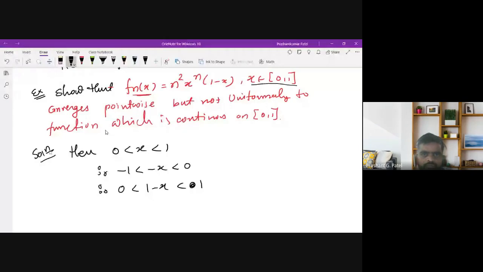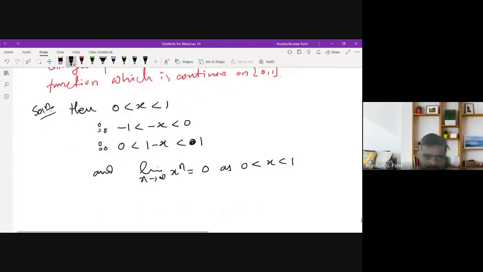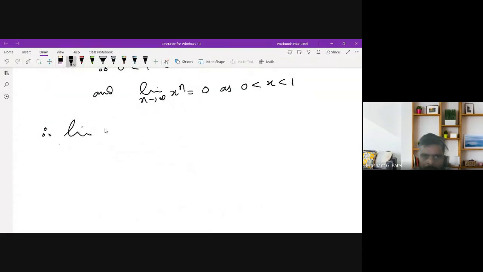For n² xⁿ, x is between −1 and 1, and the limit as n tends to infinity of xⁿ is 0 as x is between 0 and 1. So ultimately, fn(x) = n² xⁿ (1 − x) tends to 0 when x is between 0 and 1.